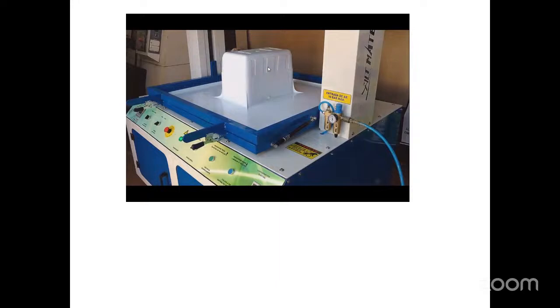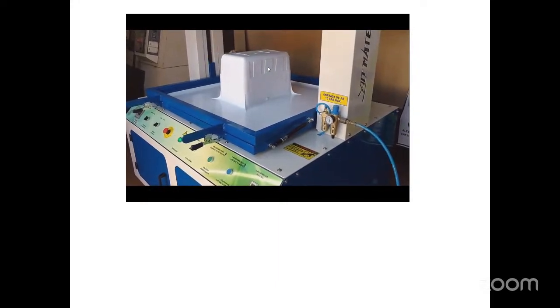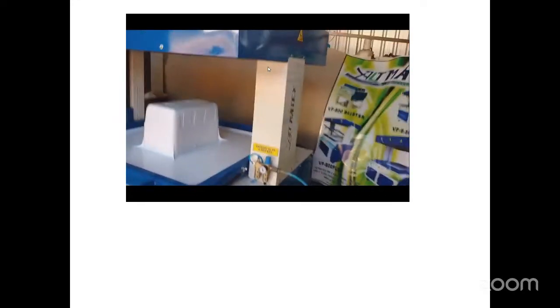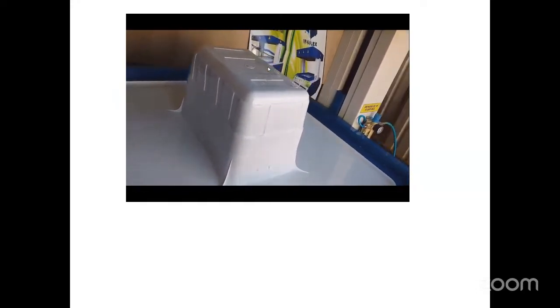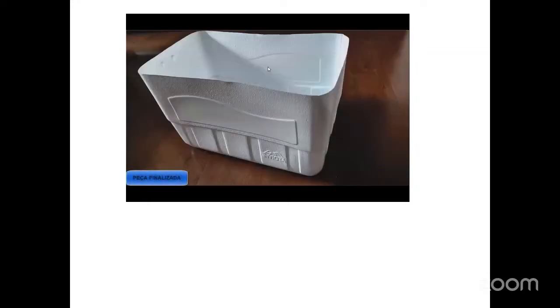See now cooling starts. And the article is going to be removed now after cooling. See now the details they are showing us.